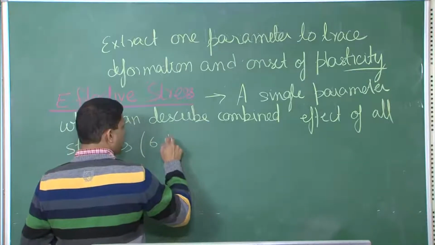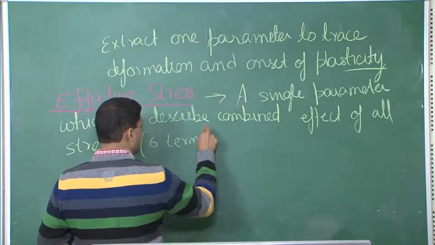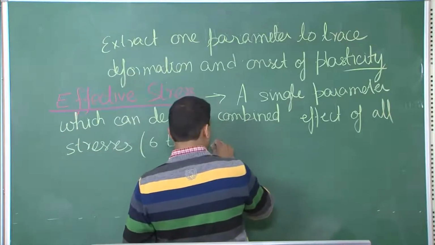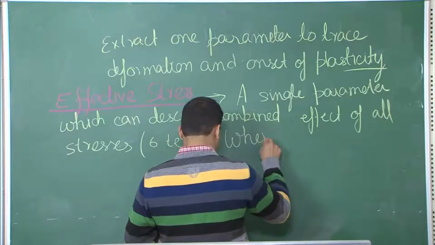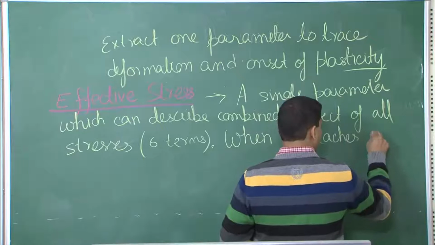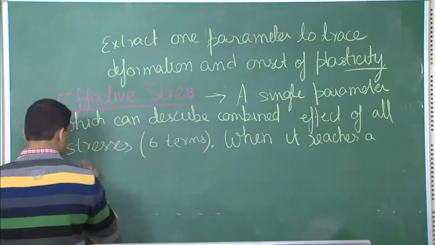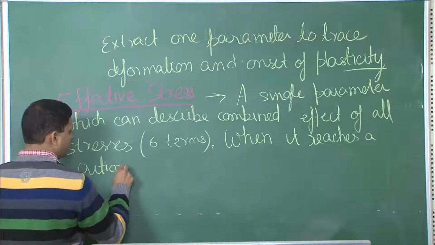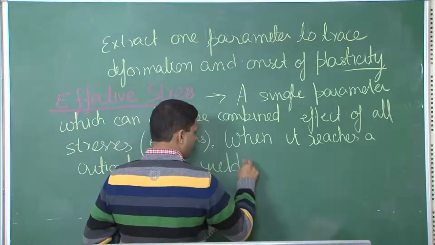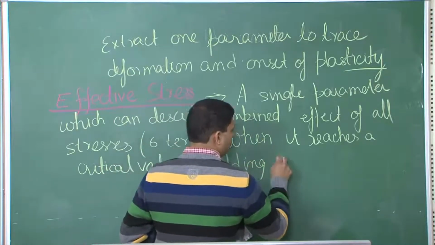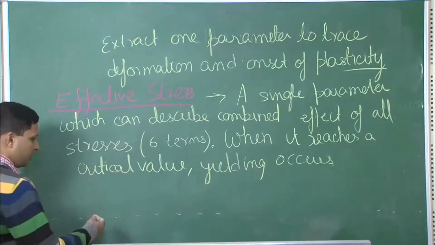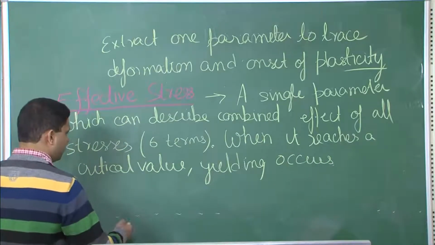So, for example, in our tensor we have 6 independent terms, and we can say that when it reaches a critical value, then yielding occurs.